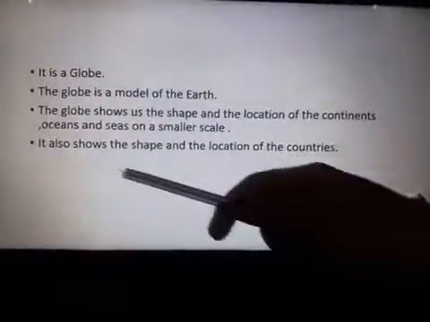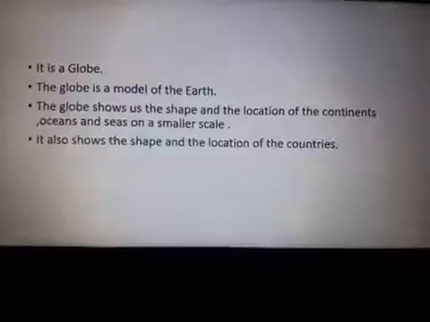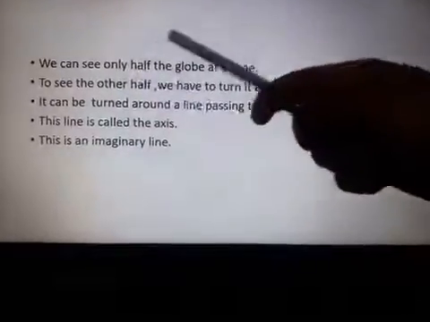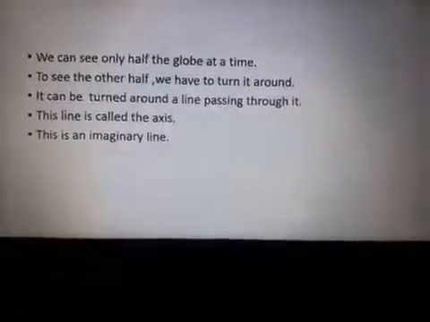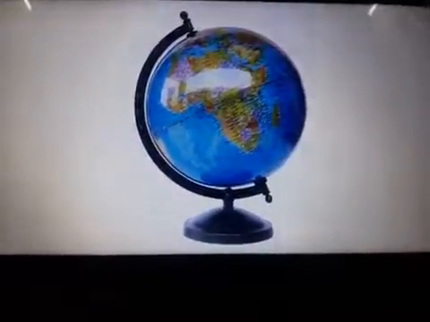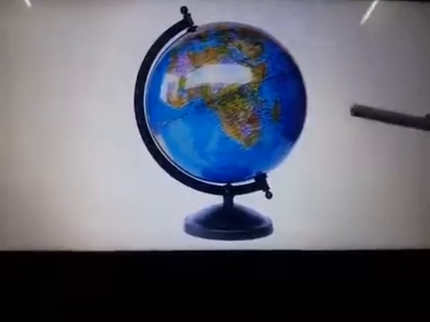It also shows the shape and the location of the countries. We can see only half the globe at a time. When you look at the globe, you can only see the front portion. But there is a back portion also, which we cannot see when we are looking straight at it.